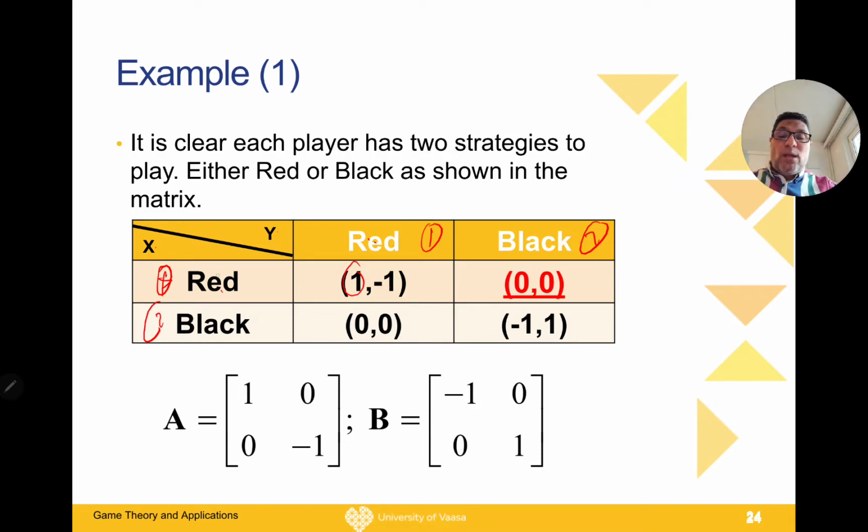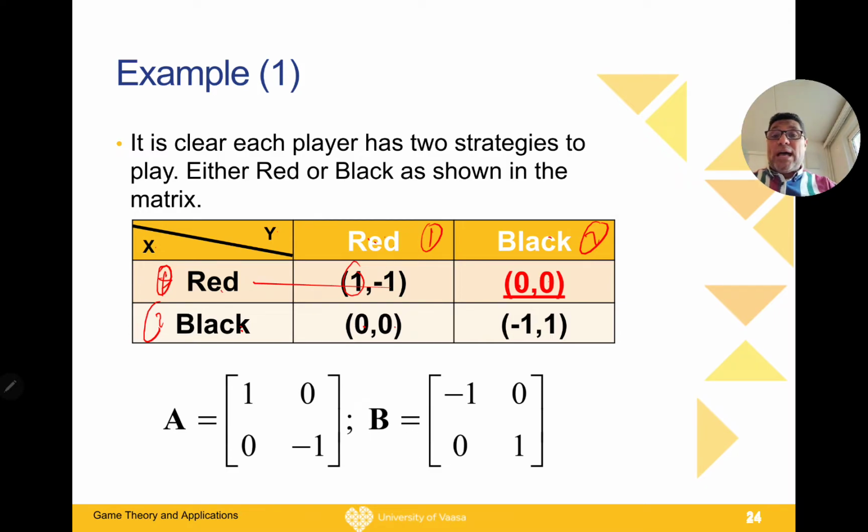And if player 1 plays red and player 2 black, of course it will be 0, 0 because both of them will be fair. And also black, red is 0, 0. And if it is black, black, then player 1 will lose, -1, and player 2 will receive 1.